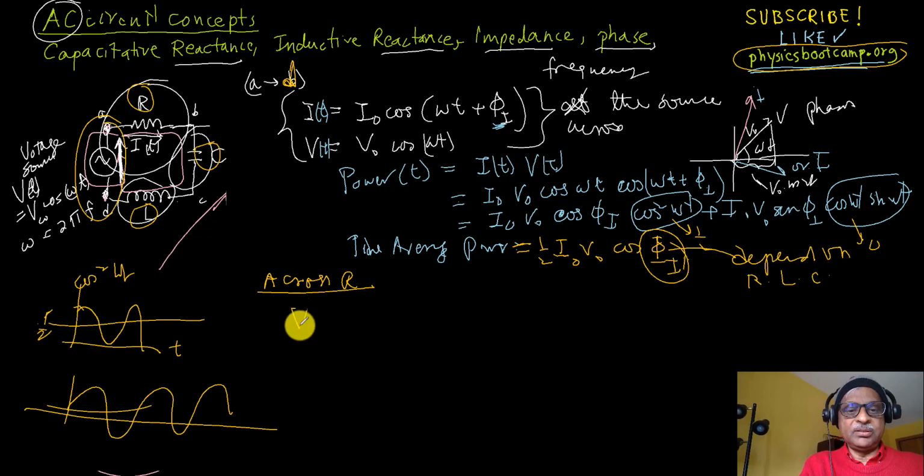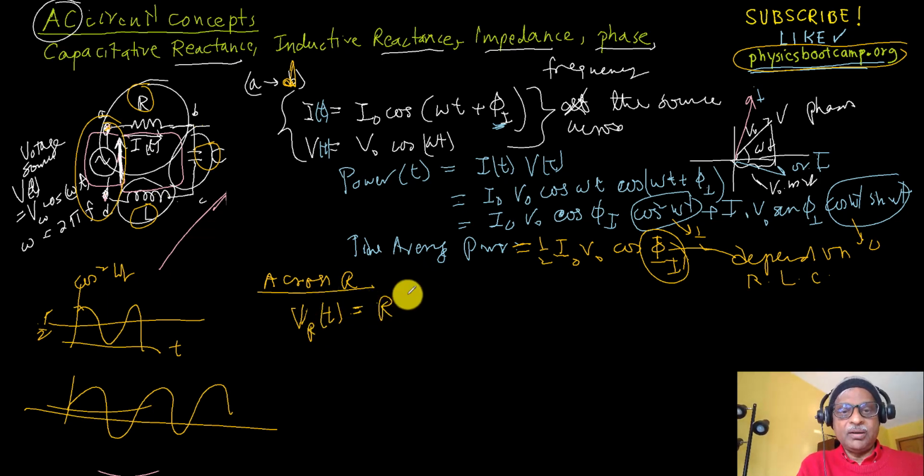Let's call it V. This is of course the higher voltage than this if the current is going in this direction. So VR of T equals R I of T, and this is I R of T.